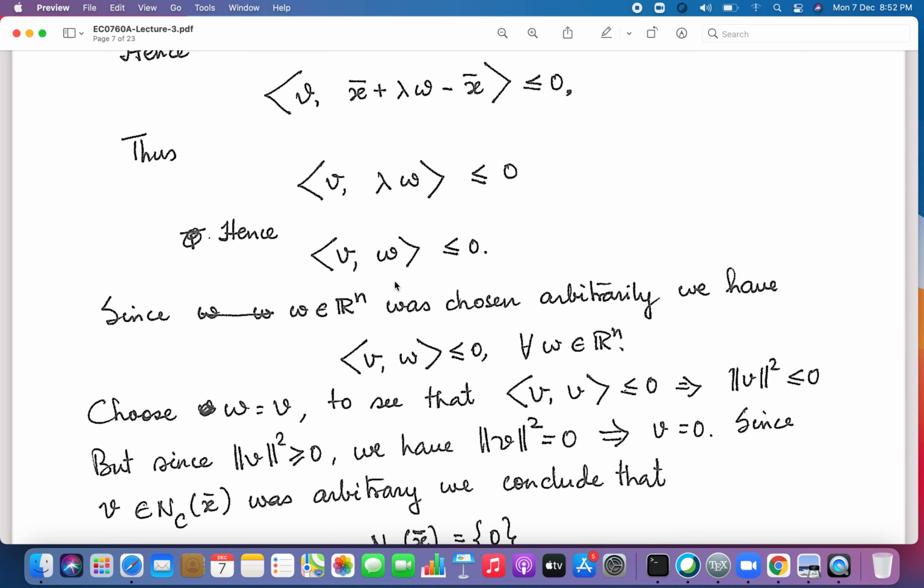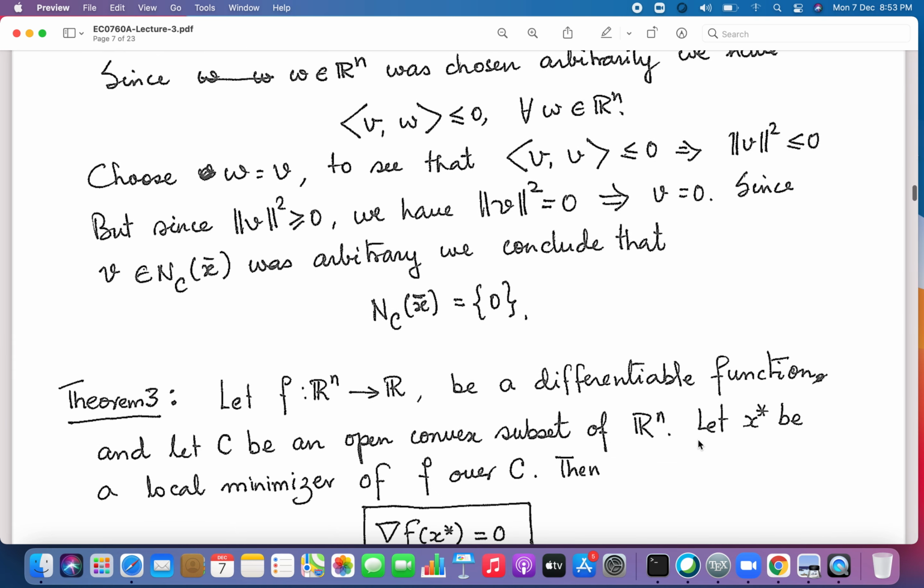It doesn't matter what w is. When you choose w to be v itself, you have norm v squared less than or equal to 0, which means the norm of v must be 0, which simply means that v is equal to 0. We have chosen v to be an arbitrary element in N_C(x bar), so any element is 0.